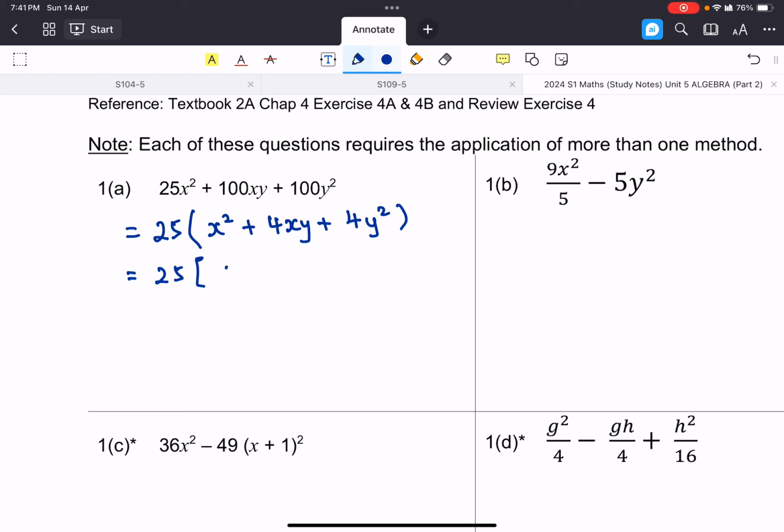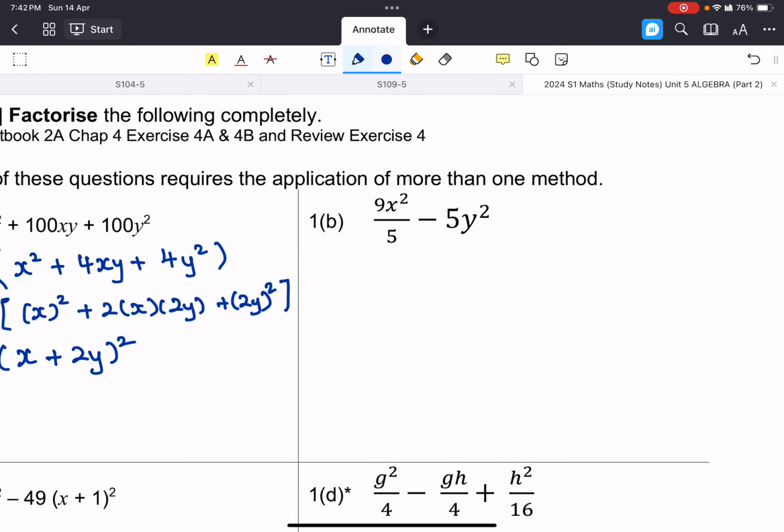Is this x squared plus 2xy? Sorry, let's go back. It's 2y, plus 2y squared. Check each term, every term. It works. So this is 25, and then we have x plus 2y squared.